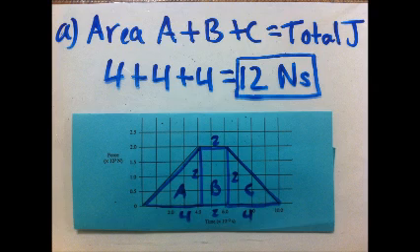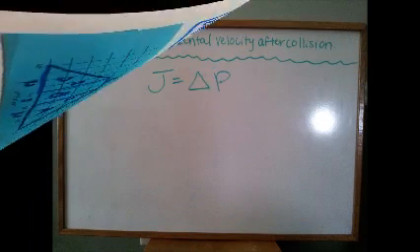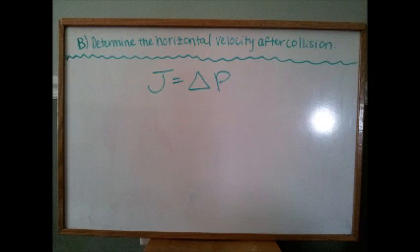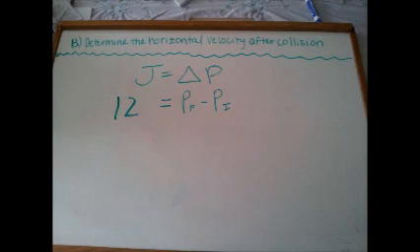In part B, we are asked to determine the horizontal velocity after the collision. We can find this by using the equation J equals delta P, or impulse equaling change in momentum. Because we found the impulse was 12 in the previous part of the problem, we can substitute J for 12 and substitute delta P for momentum final minus momentum initial.